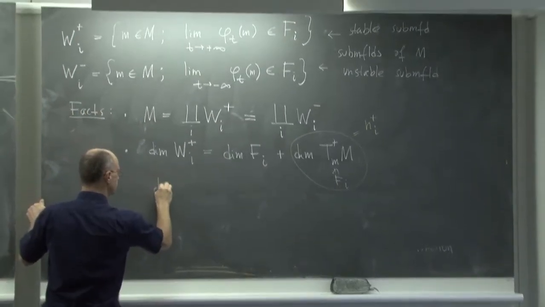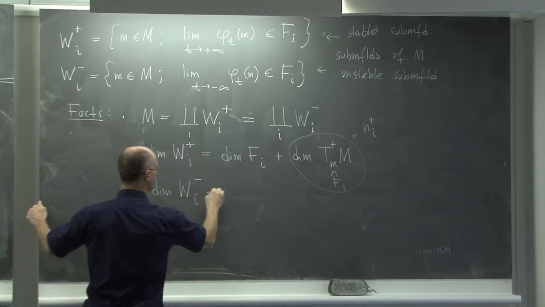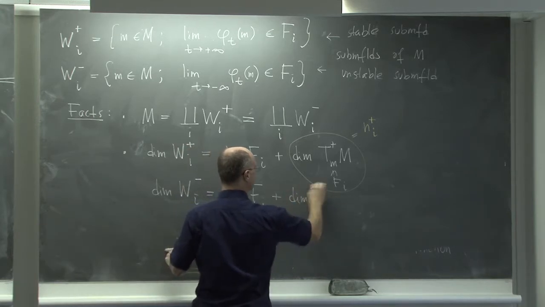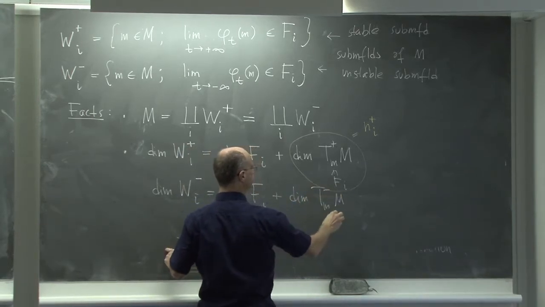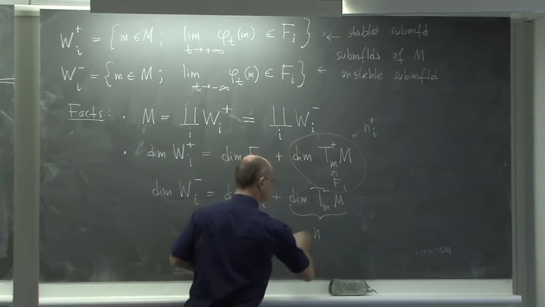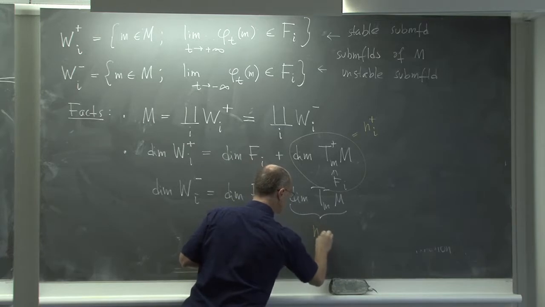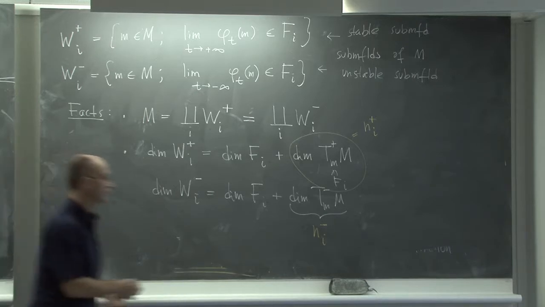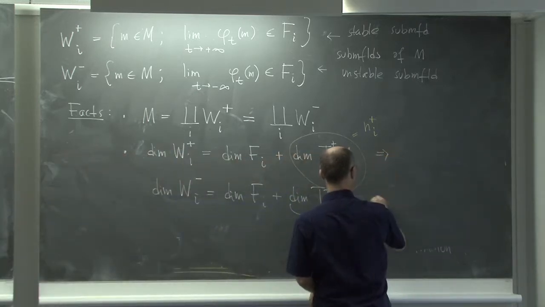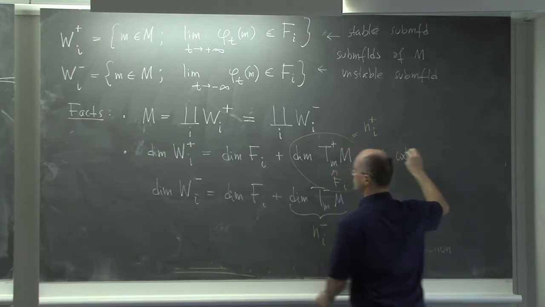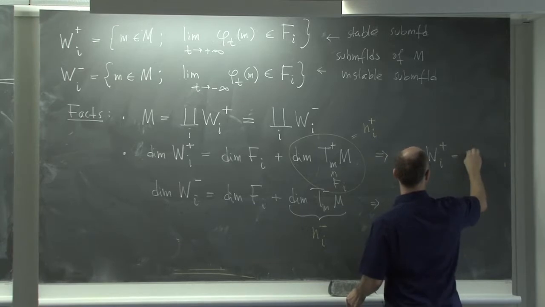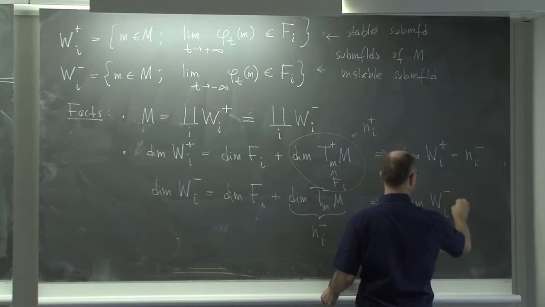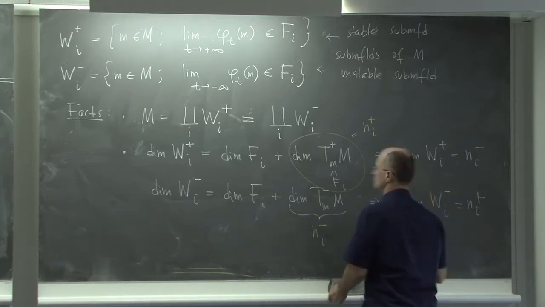And the dimension of W_i^minus is the dimension of Fi plus the dimension of C_m^minus, and this is N_i^minus. Right. And then, if this is true, then obviously the codimension of W_i^plus is N_i^minus, and the codimension of W_i^minus is N_i^plus.